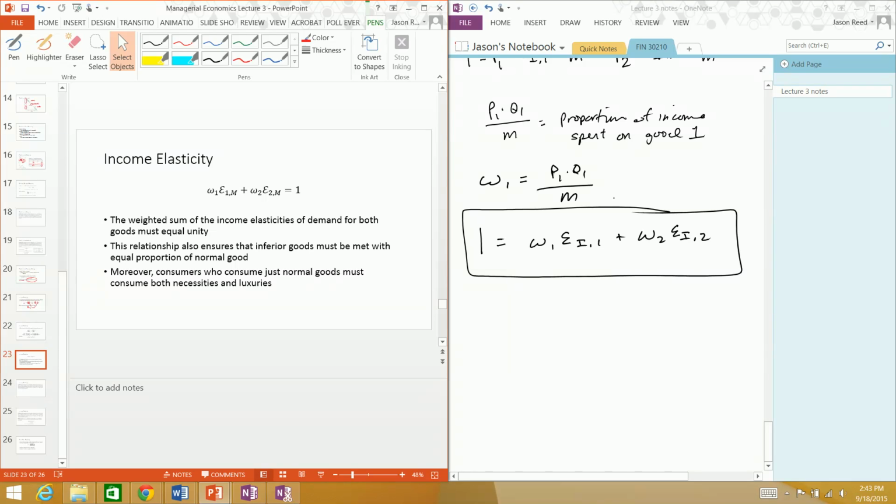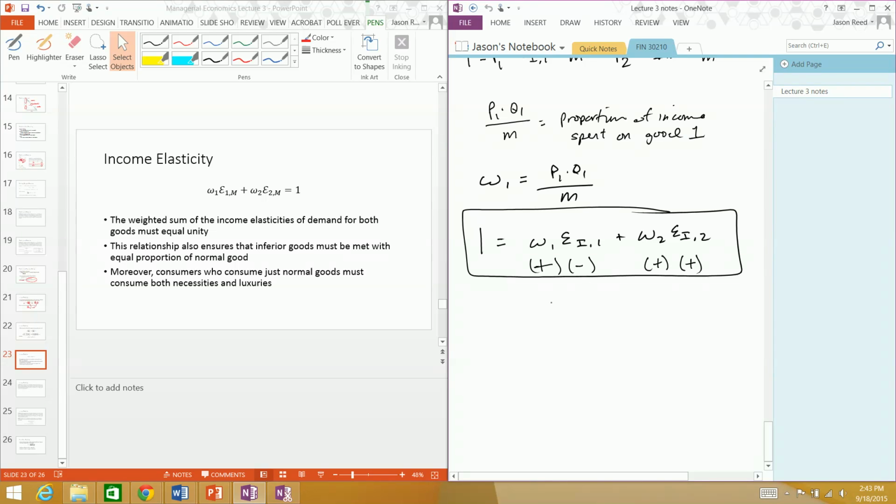Because an inferior good is negative, and this is positive, then what has to happen here is that we need an equal proportion of a positive good. So we need inferior goods to be consumed proportionately with normal goods.